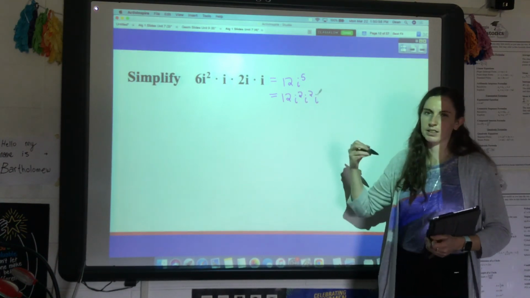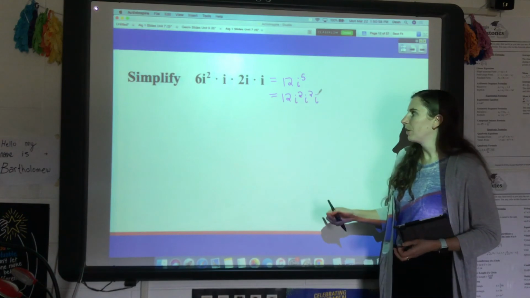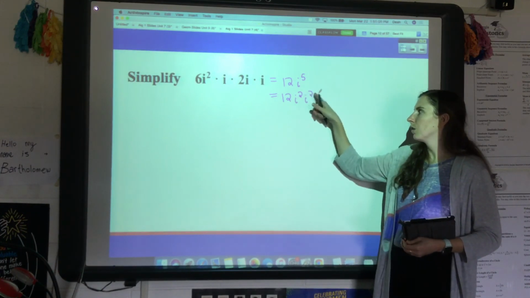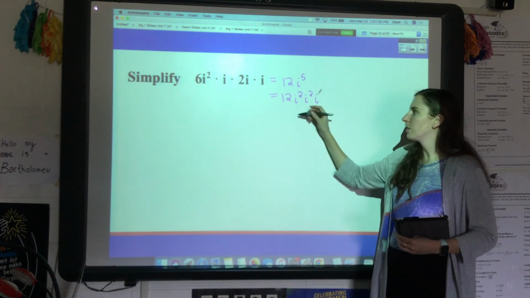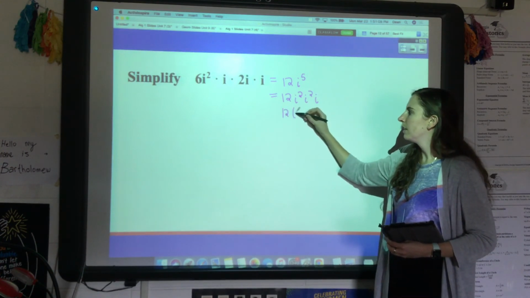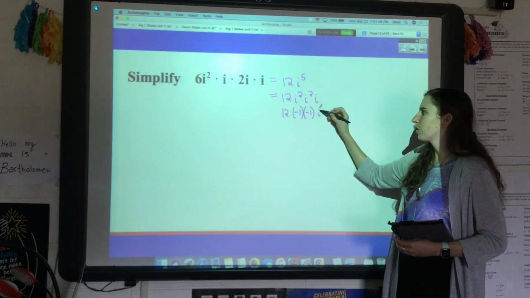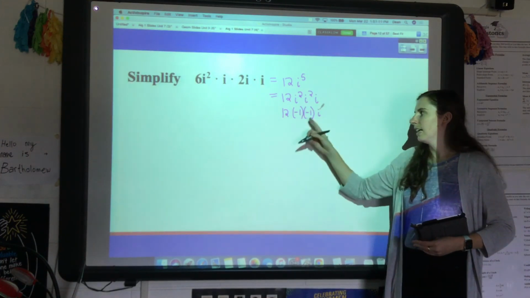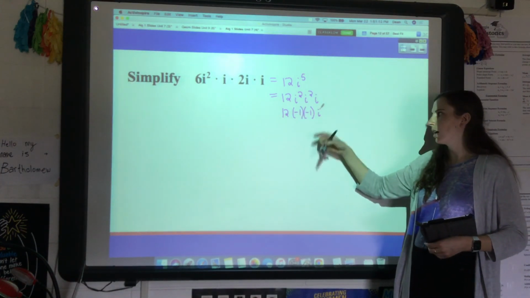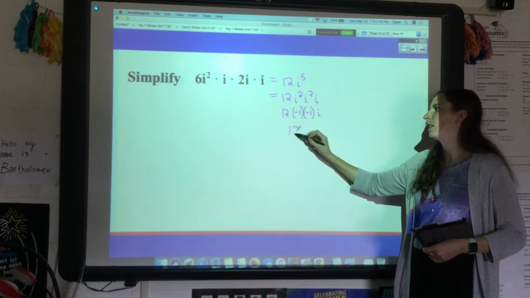We know i squared is -1, so we've got 4 i squareds and an extra i here, and so that would be 12 times -1 times -1 times an extra i, and -1 times -1 is just +1. So the answer is 12i.